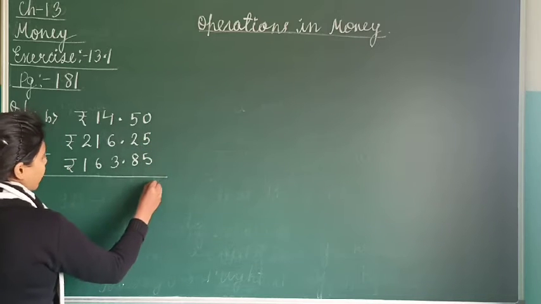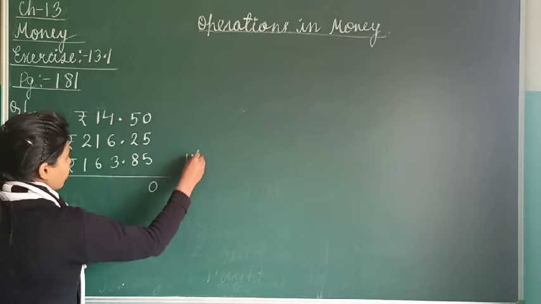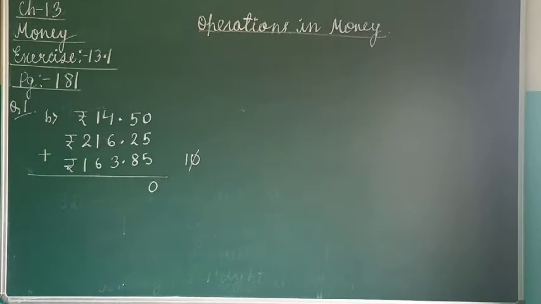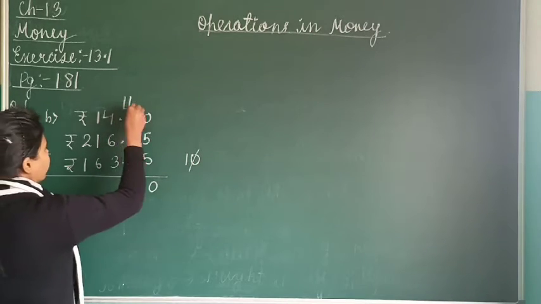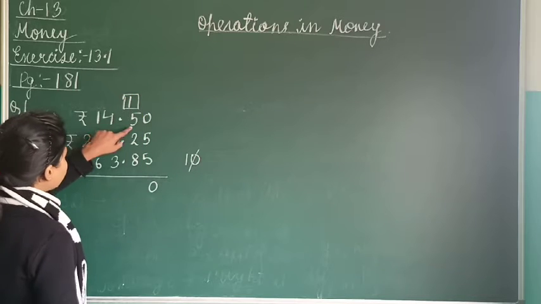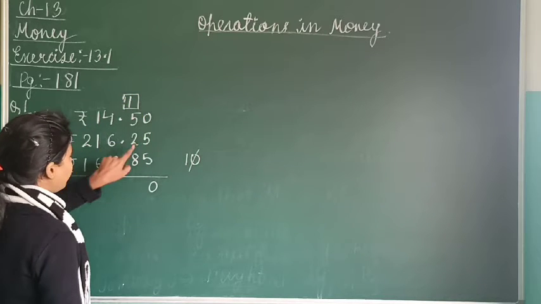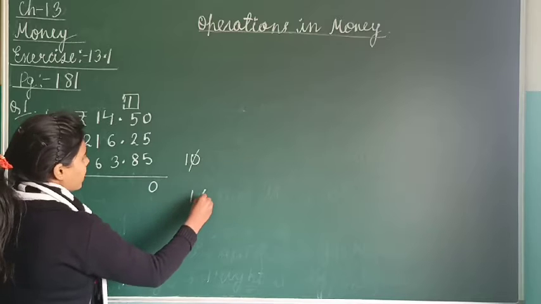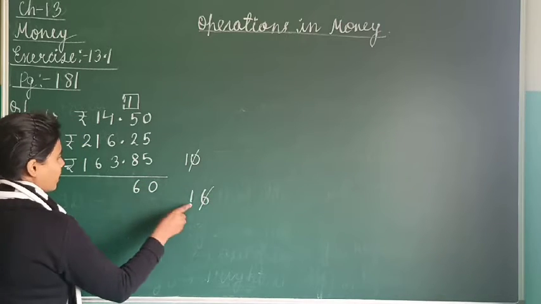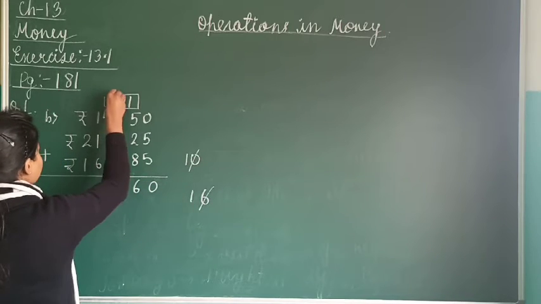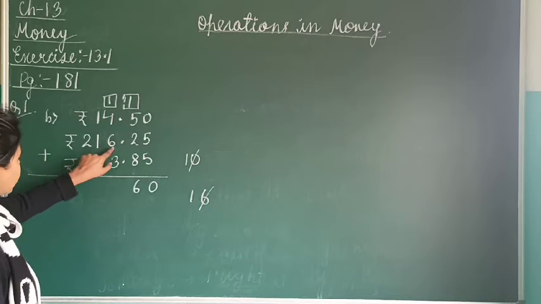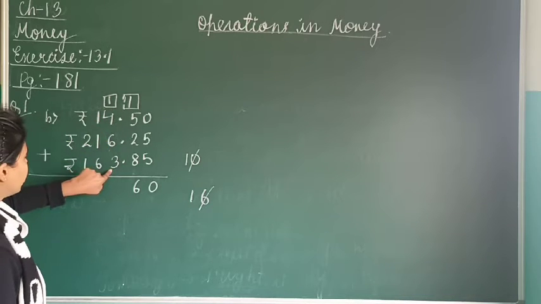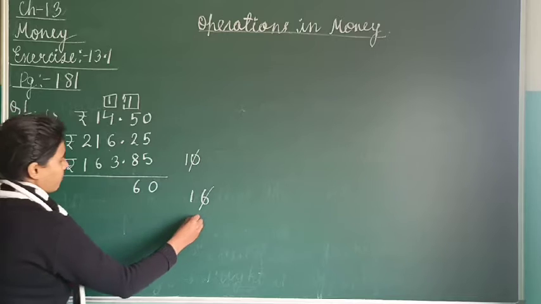5 plus 5, 10. 0 we will write here, and 1 will go as carry. Carry over here. Now 5 plus 1, 6, 7, 8, 8 plus 8, 16. Again 6 you will write here, and 1 will go as carry. Now 6 plus 4, 10, 10 plus 3, 13 and 1, 14.